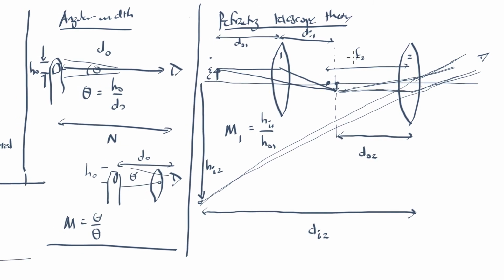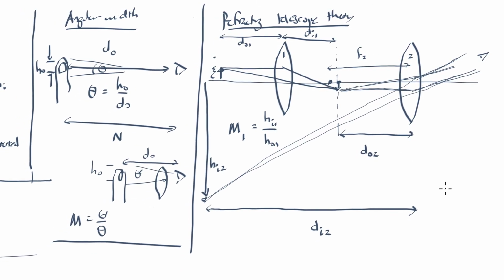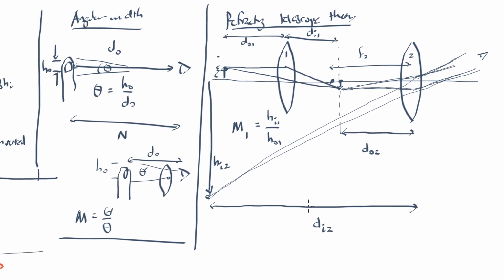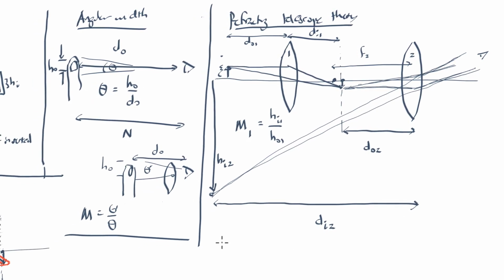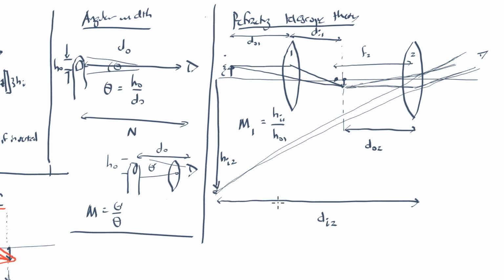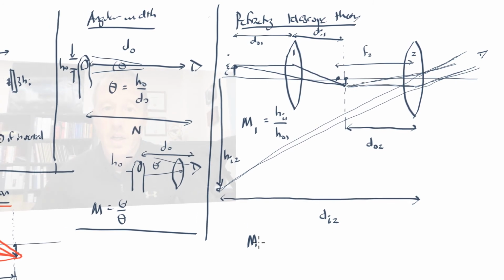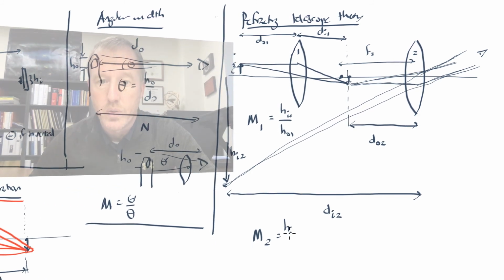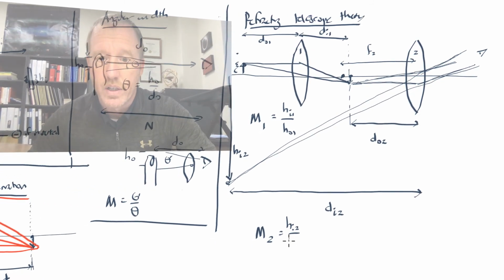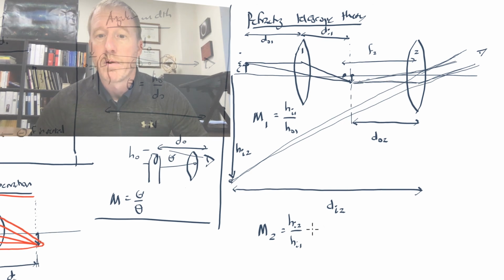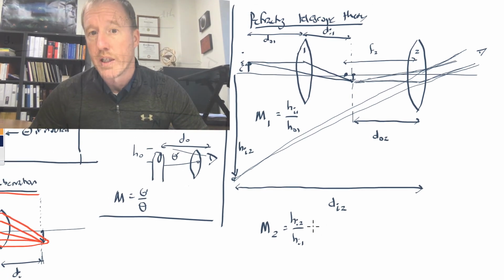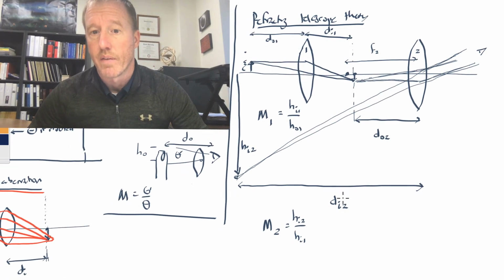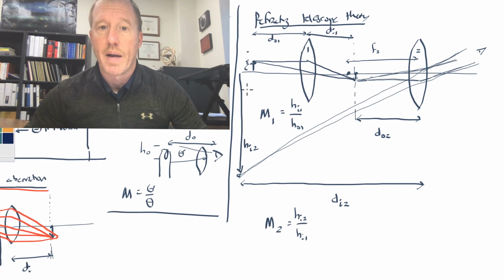And if you know the focal length of lens 2, you can use the thin lens equation to figure out the distance to this one, and then you can also find the magnification. So the magnification of lens 2 is going to be the height of image 2 divided by the height of image 1. And remember from lecture, these are also related to these distances right here. So from these distances, you can figure out the magnification of this.